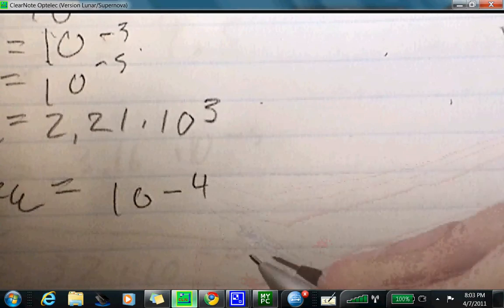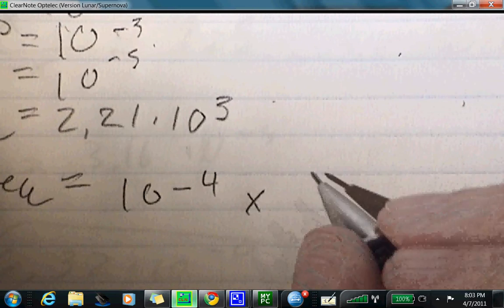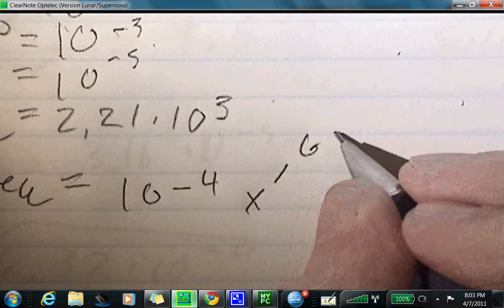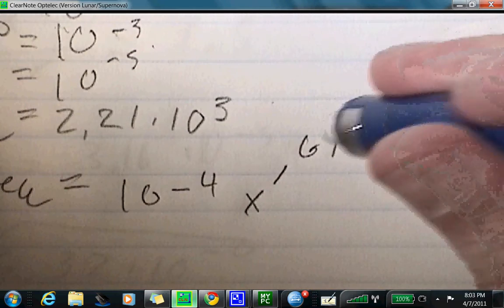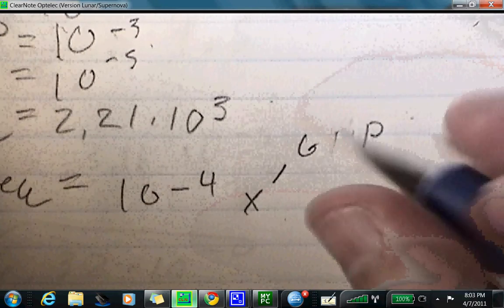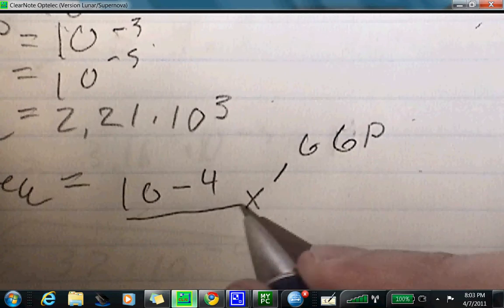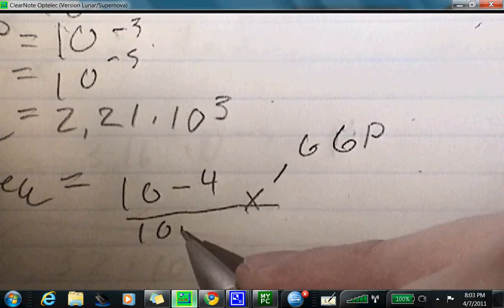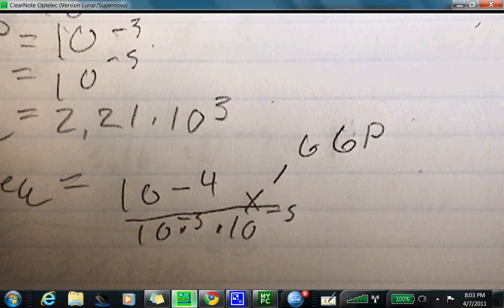That's going to be 10 to the negative fourth times x, which is really G6P, what we're solving for, divided by 10 to the negative third times 10 to the negative fifth.